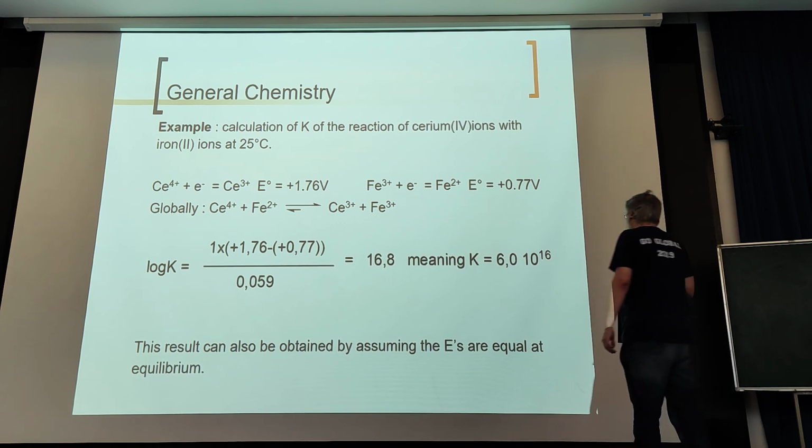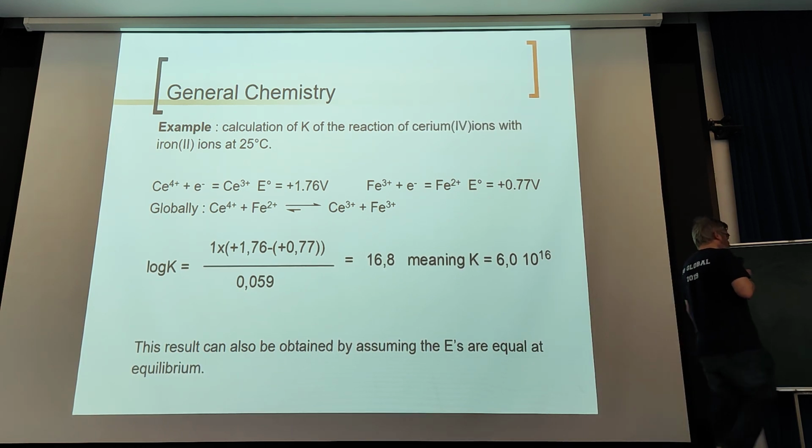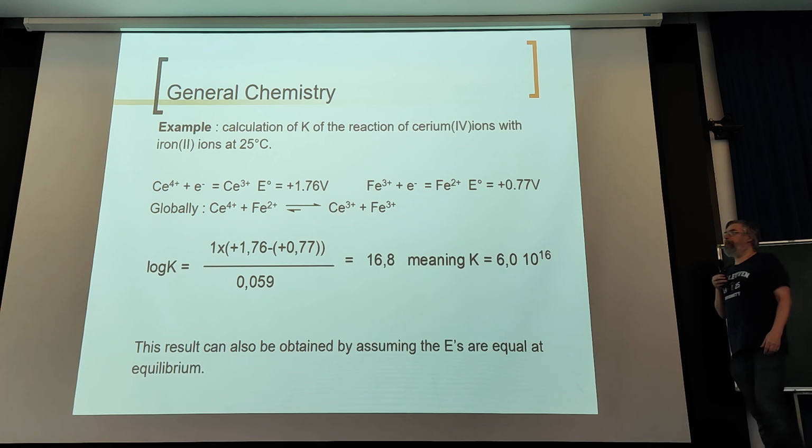But iron 3 plus is also an oxidant. It can take up an electron and it forms iron 2 plus. But as you can see, the reduction potential is not as high as the corresponding cerium.